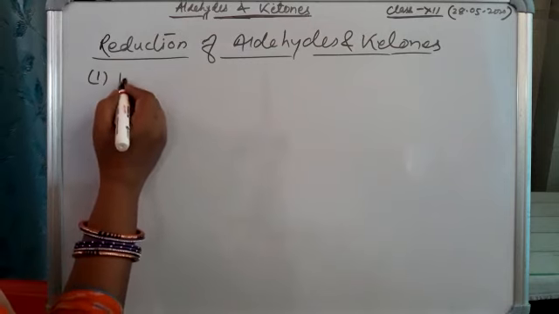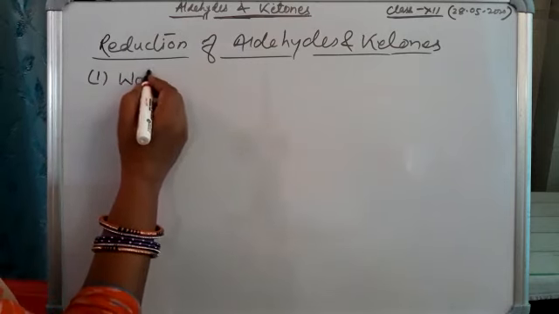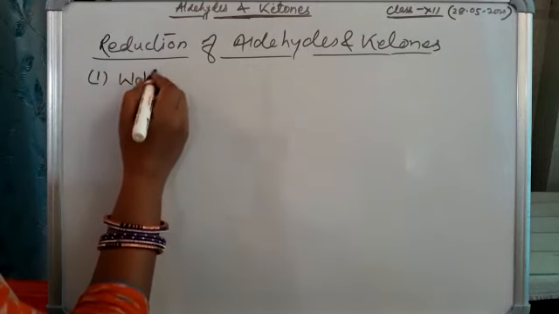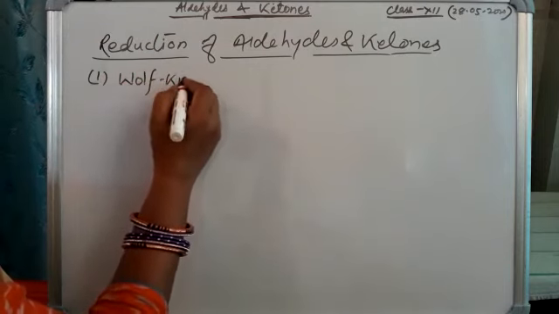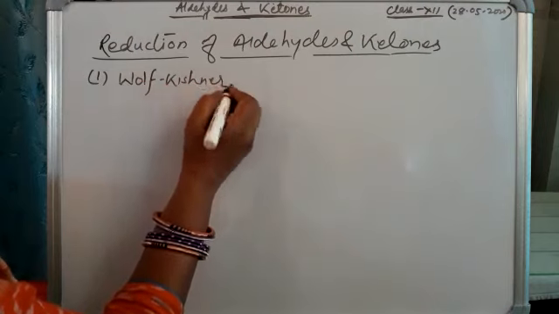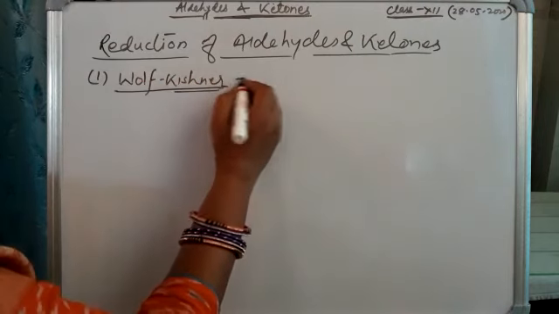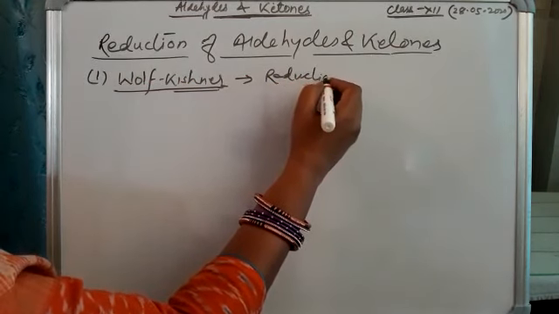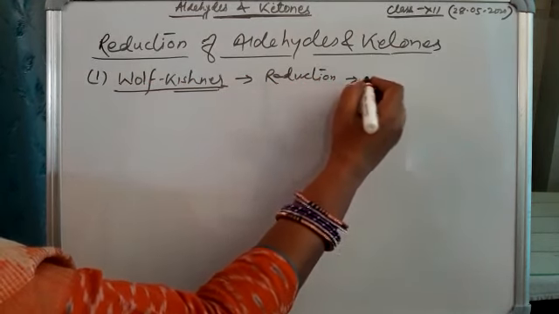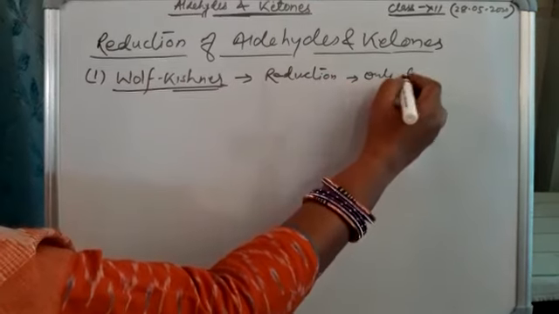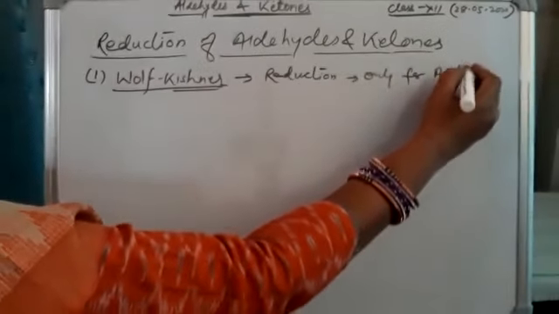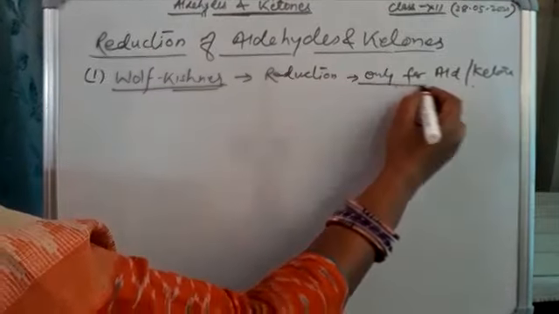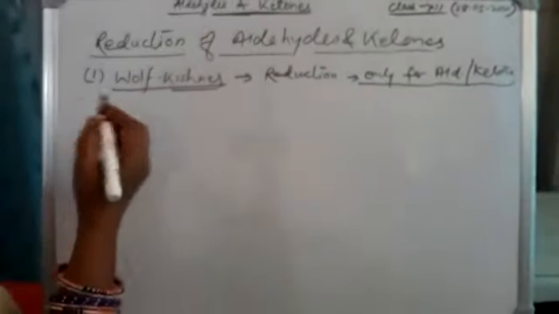At first, Wolff-Kishner reduction. This reduction is only for aldehyde and ketone, not for acid.